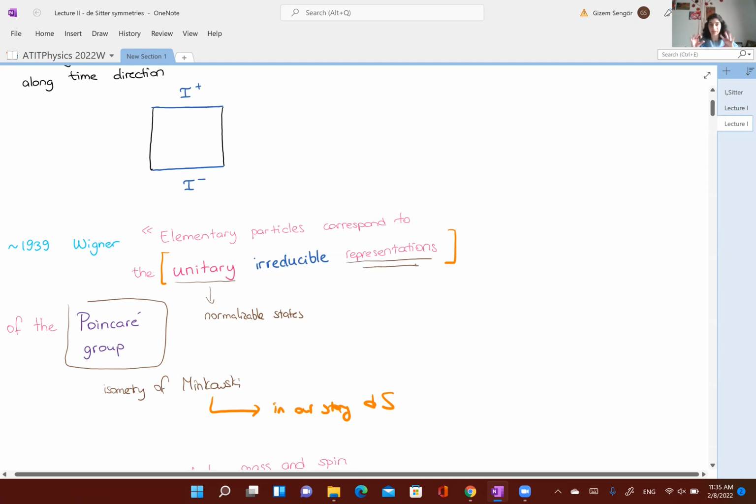Here we will talk about representations. Irreducible means these are like the elementary pieces of a puzzle. You can put them together, but you cannot break them down into further smaller objects. So let's say the smallest pieces.